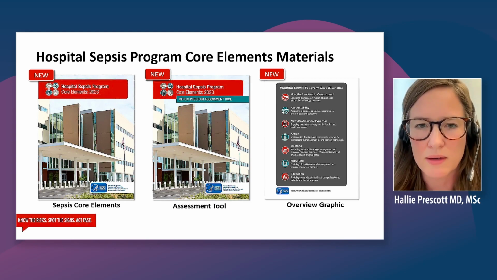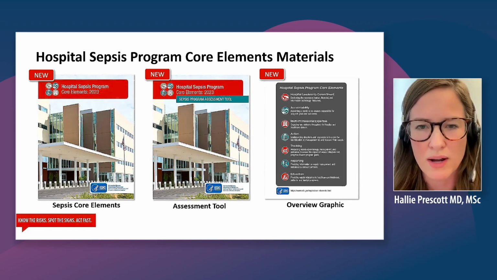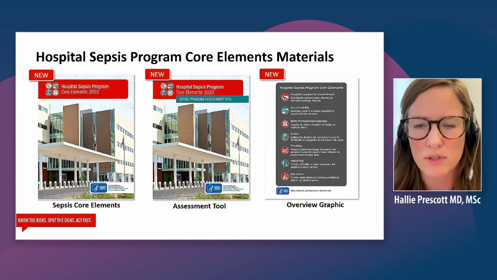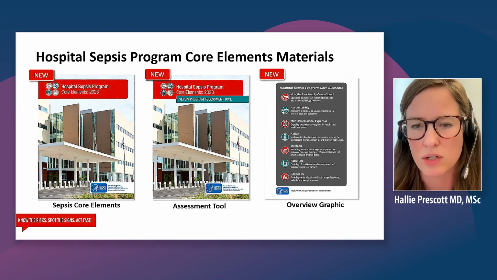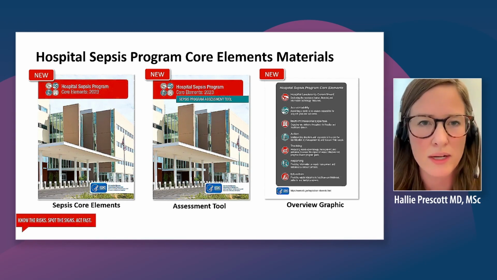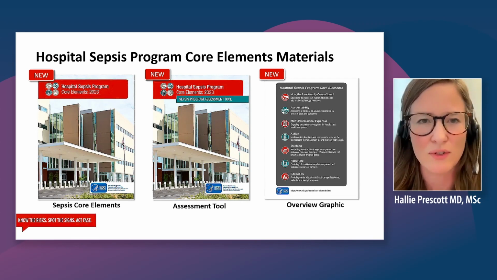We include this sepsis program assessment tool, which hospitals can use to go through the different recommendations and assess where their program is. This will allow hospitals to focus on kind of the next steps to advancing their programs. We also have a getting started section for hospitals that may be just starting a hospital sepsis program for the first time. So really these guidances are meant to be flexible for hospitals that have had a mature program in place for many years.